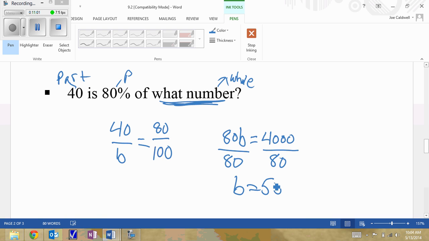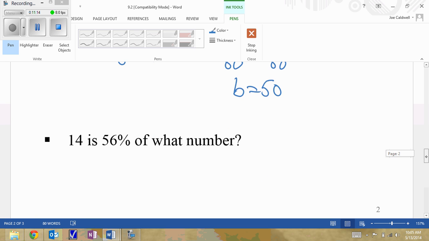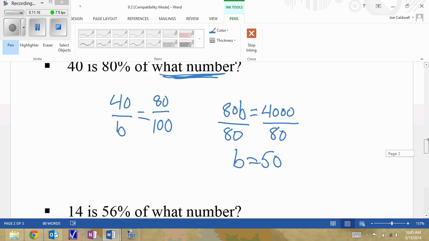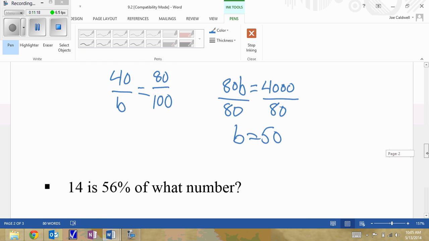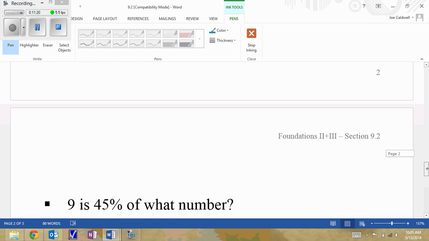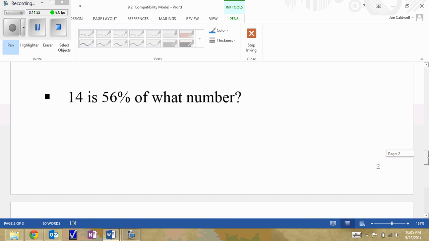Okay, and so if you plug that back in, 40 over 50 does give you a percentage of 80%. If you would turn 40 over 50 into a percentage, it would equal 80. So that's an example where you're trying to find the base or the whole. Okay, and so here's one more part.